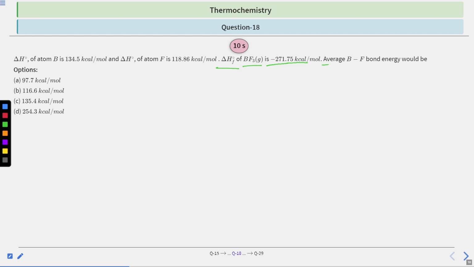We have to find the average BF bond energy. Options are 97.7 kilocalorie per mole, 116.6 kilocalorie per mole, 135.4 kilocalorie per mole, or 254.3 kilocalorie per mole. You have 10 seconds to solve this question. After that, we will see the answer.